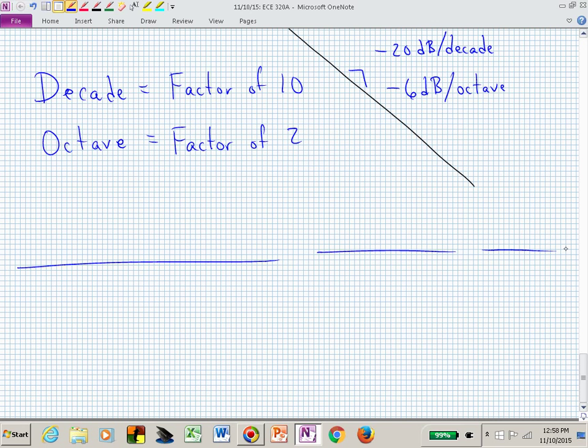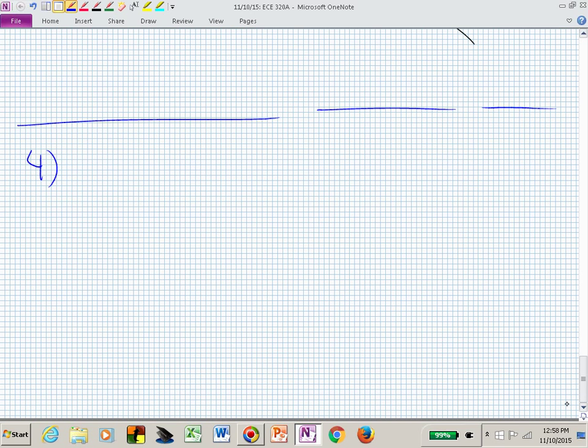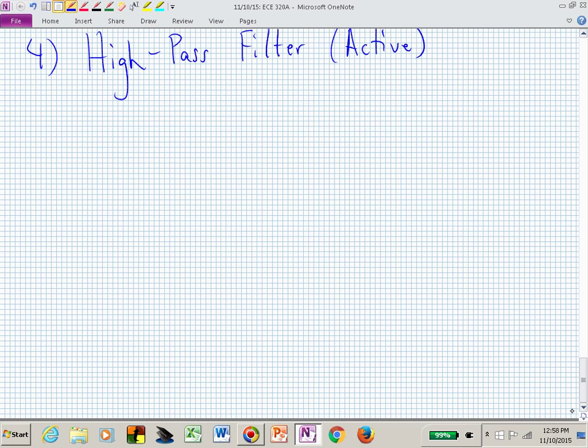Let's look at another circuit. Let's call this 4. I know this is really 3 to 4. That kind of makes sense, I hope. Let's look now at a high-pass filter. And let's use an active device, which means that we are building around this op-amp.